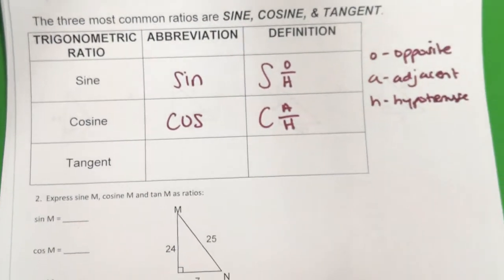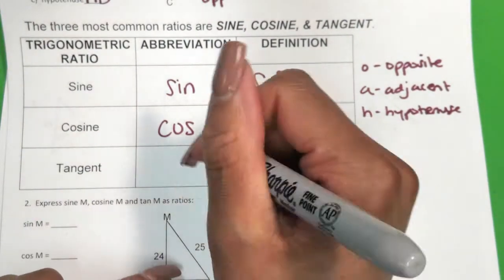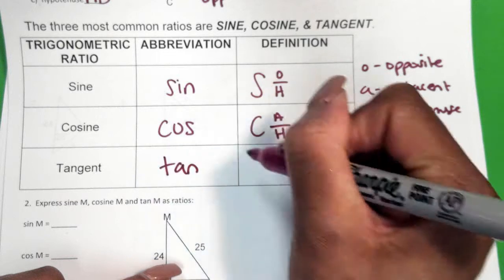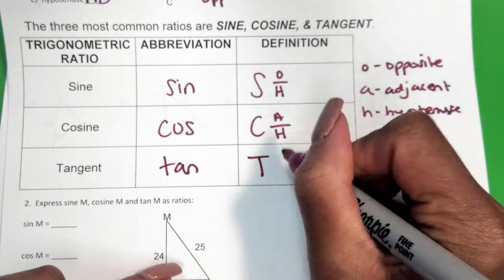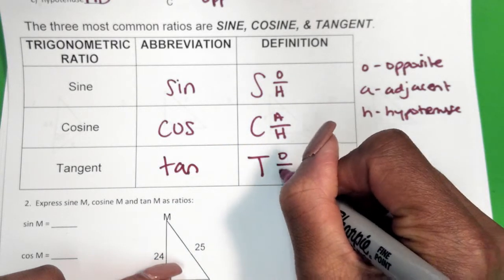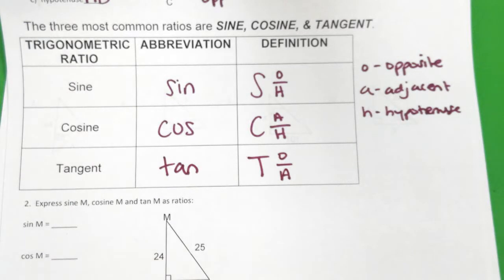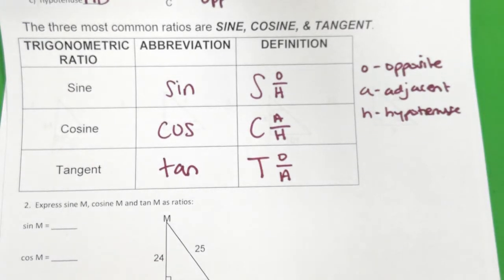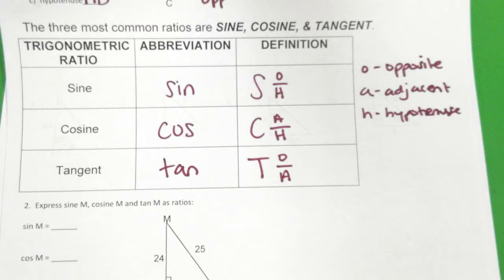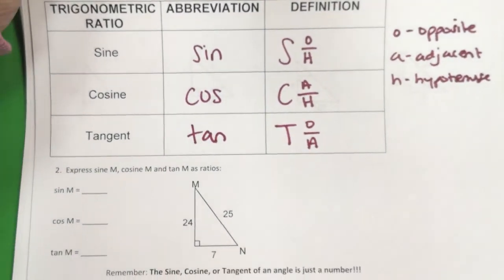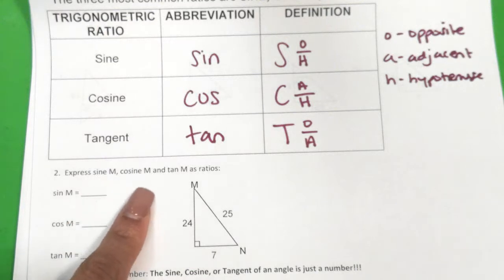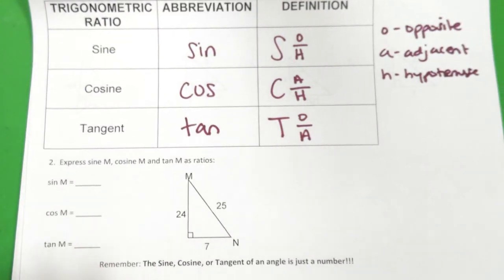Now the last one, tangent. The abbreviation is tan. I have T, and your O is going to go on top of your adjacent, or A. So that is your abbreviation. In this case, we need to express sine M, cosine M, and tan M as ratios.